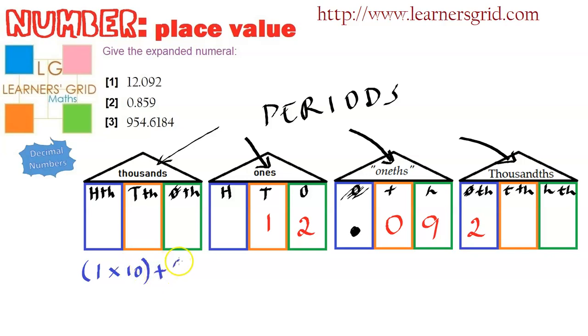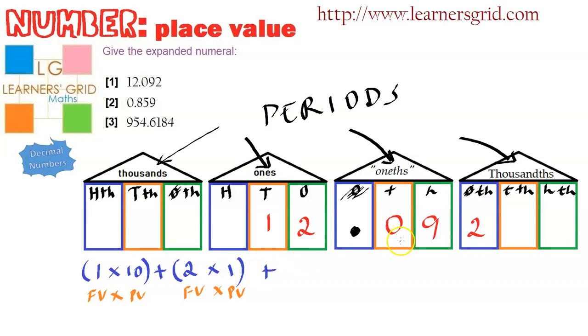And then I'm going to add the 2. The face value of the 2 is 2, and I want to multiply by the place value, which is 1. So this is the face value, multiplying by the place value, and I'll just keep going.